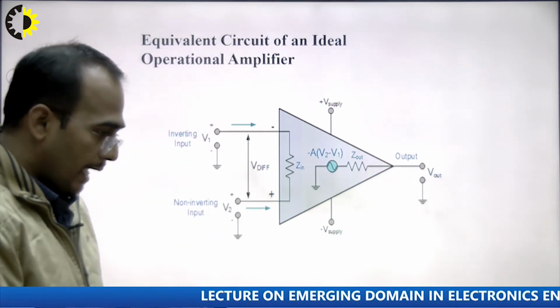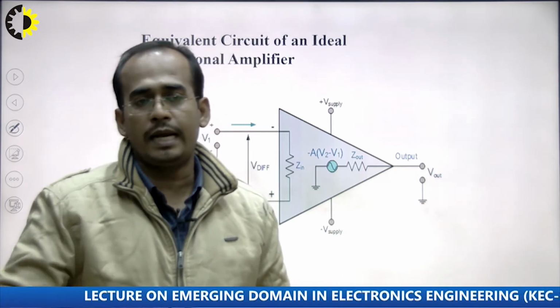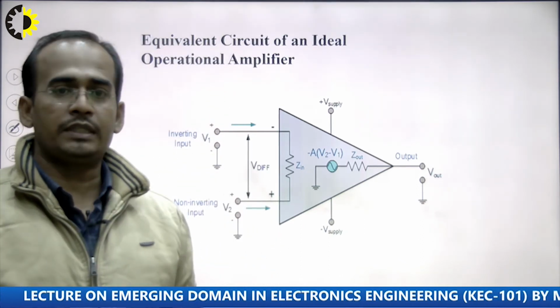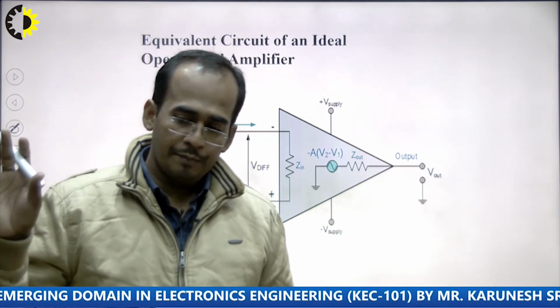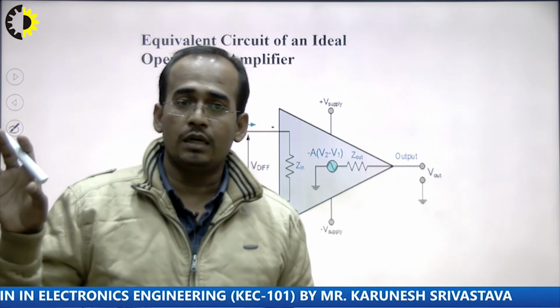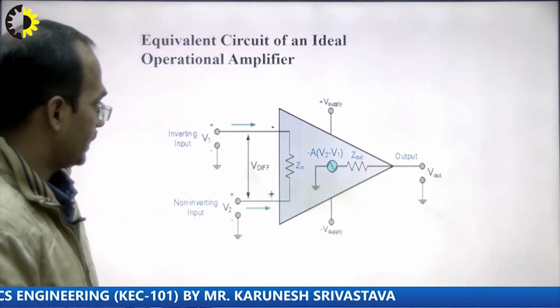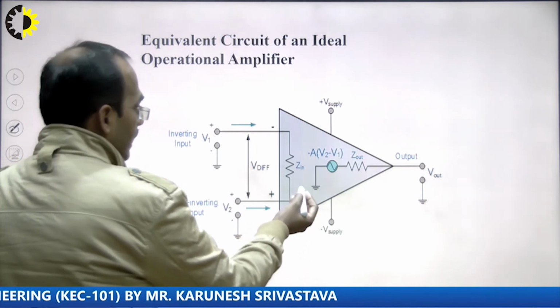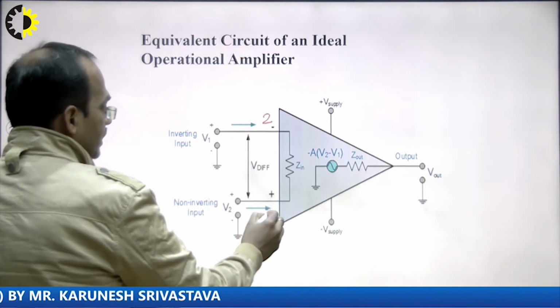So, the operational amplifier has the same property, high input impedance and low output resistance, because in the output stage we are using the emitter follower. The differential amplifier has the high input impedance. This is pin number 2 and this is pin number 3.